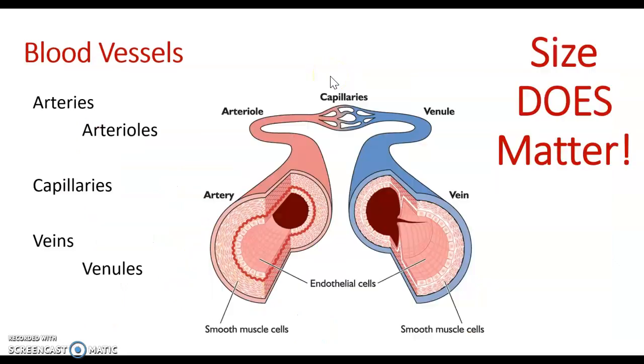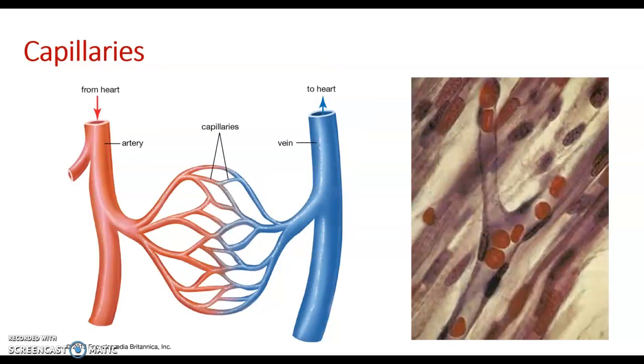The size of these guys makes a huge difference. The small, teeny tiny capillaries are only large enough in diameter for a single red blood cell or a single white blood cell to get through. That makes the amount of surface area that cell has. Remember, we have oxygen lining those red blood cells.